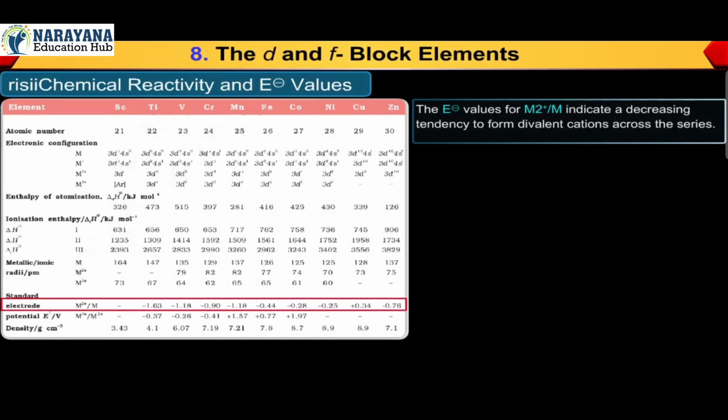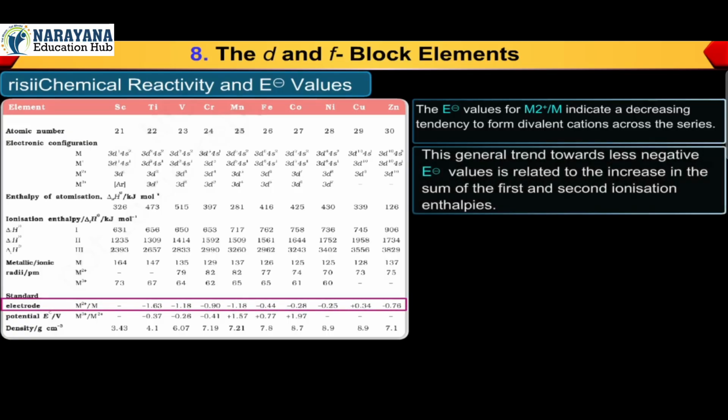The E standard values for M2+/M indicate a decreasing tendency to form divalent cations across the series. This general trend towards less negative E standard values is related to the increase in the sum of the first and second ionization enthalpy.